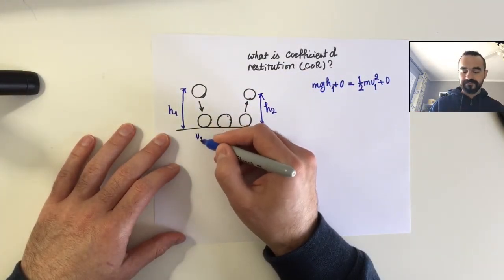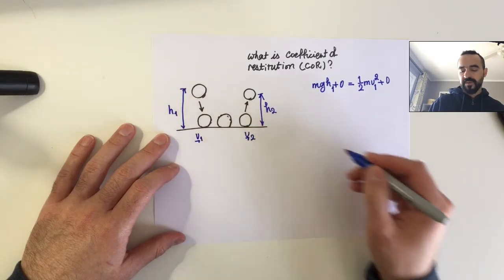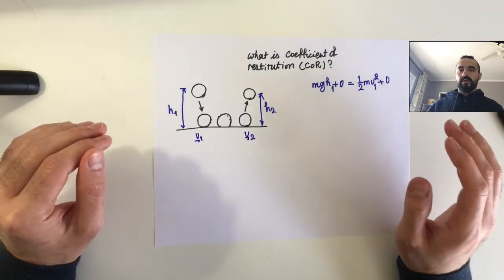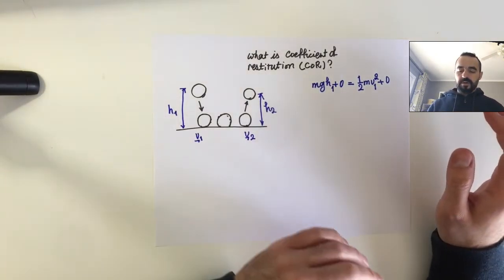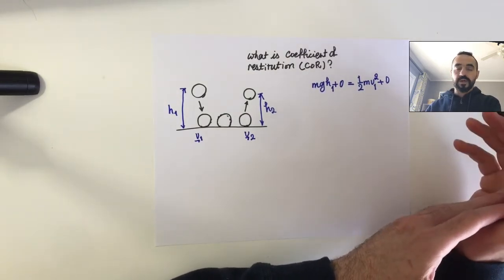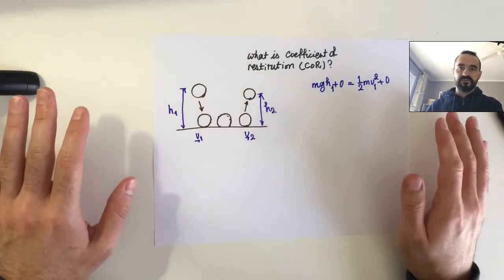So V1 and V2. Now, the only caveat is that we are ignoring air resistance in applying conservation of energy.